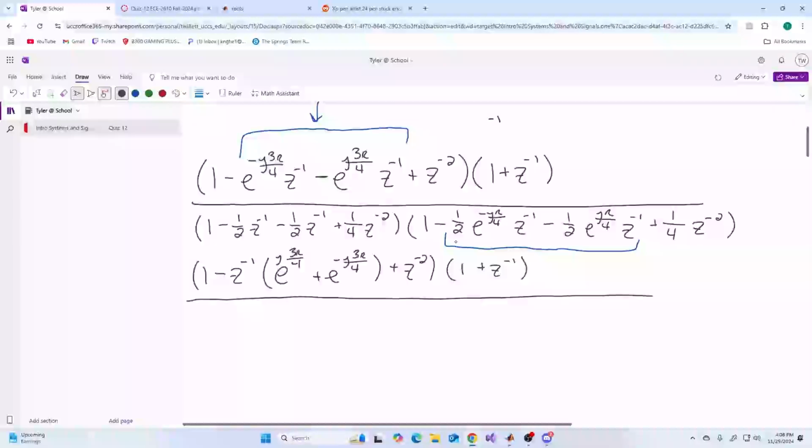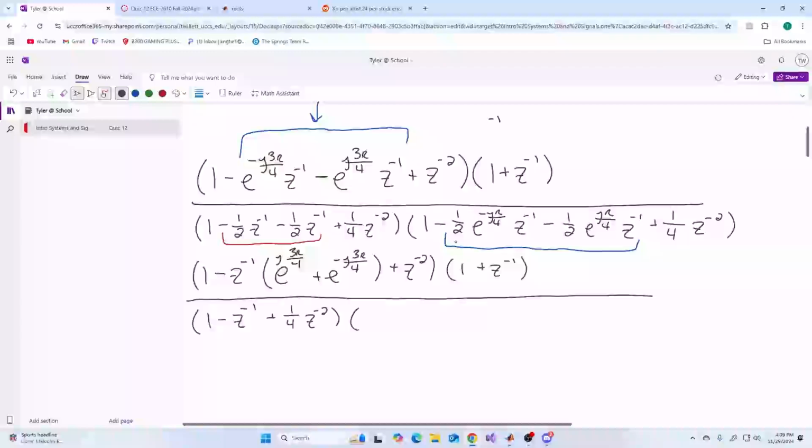Now the next thing I'm also going to do is combine these. A 1/2 plus a 1/2 is a 1. So a negative 1/2 plus a negative 1/2 is just a negative 1. So I'm going to write that down here. So we got 1 minus z to the negative 1 plus 1/4 z to the power of negative 2.